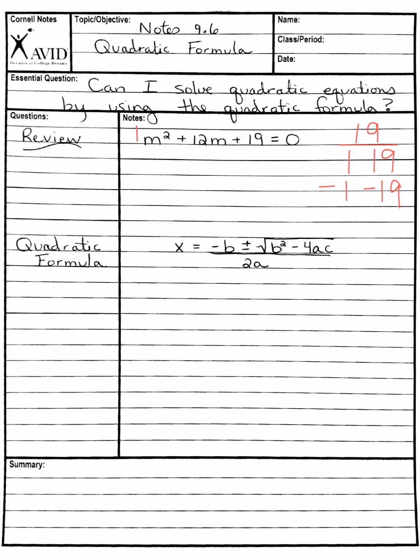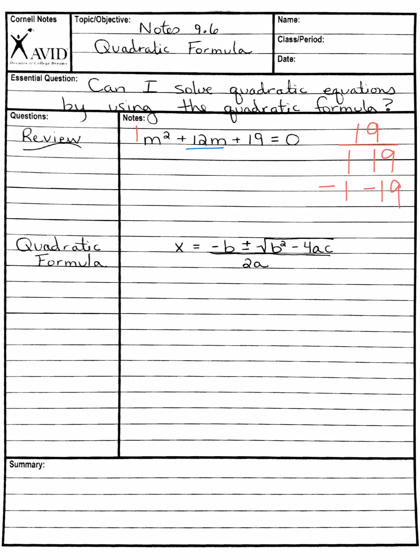Do any of those factors get me the B, which is 12? And the answer there is no. So we cannot solve this quadratic equation by finding our factors. Okay, we have to have a different way of solving.